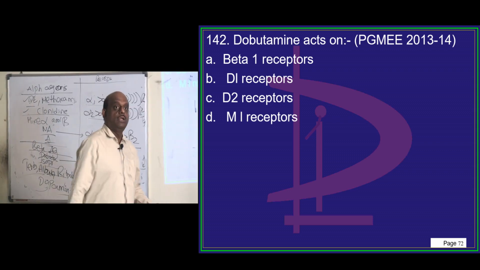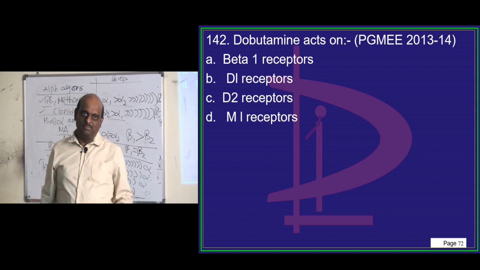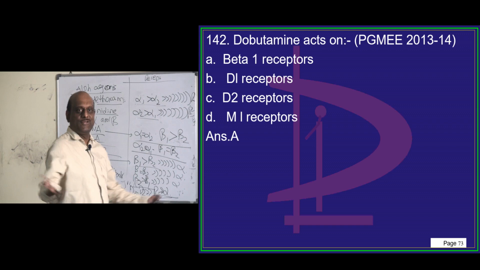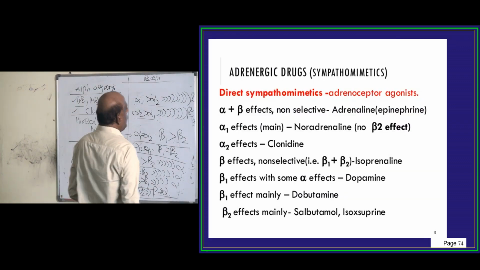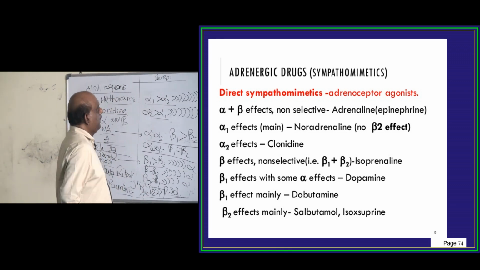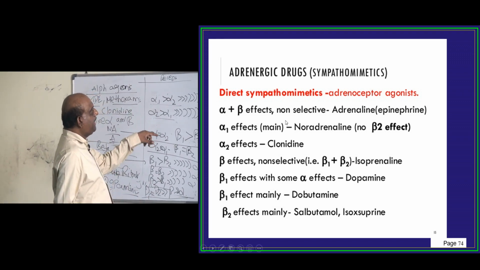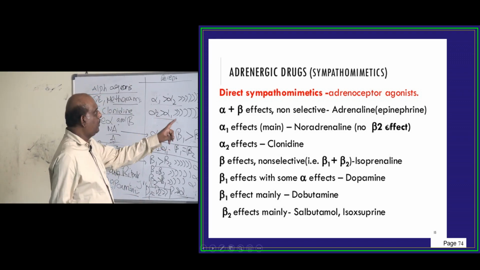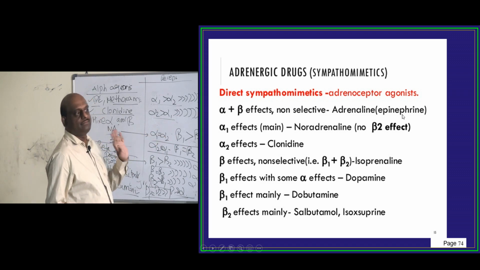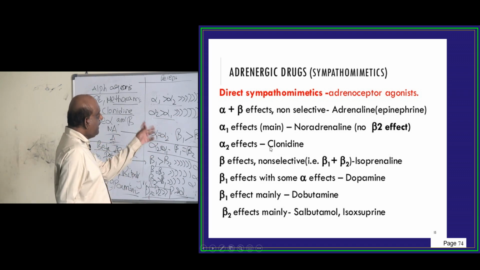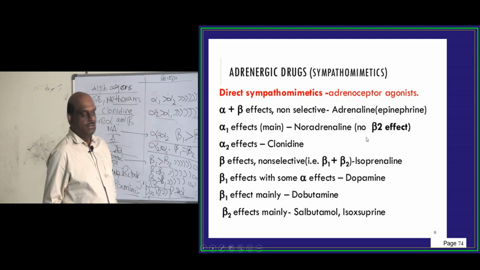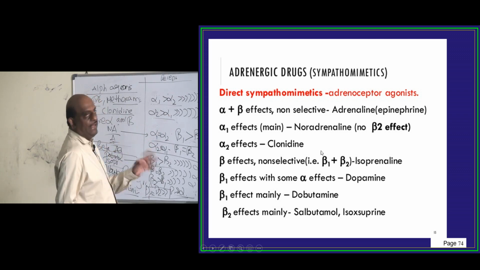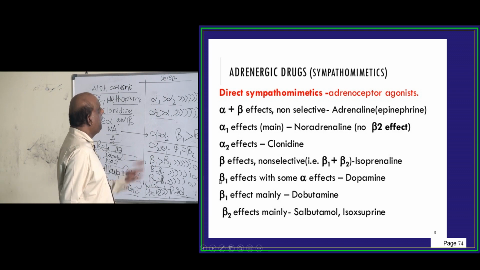Now doctor, dobutamine, where does it act? It acts on beta 1 receptors, just as we studied before. Alpha plus beta effects non-selectively means epinephrine. Alpha 1 effects mainly means noradrenaline. Alpha 2 effects mainly means clonidine.